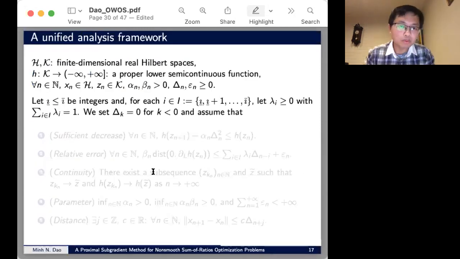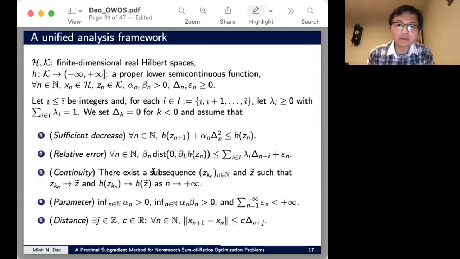But we can propose a more general framework for analyzing the convergence of descent methods. We propose that there is another sequence Zn belonging to another space, so we have the sequence xn in H and Zn in K here.